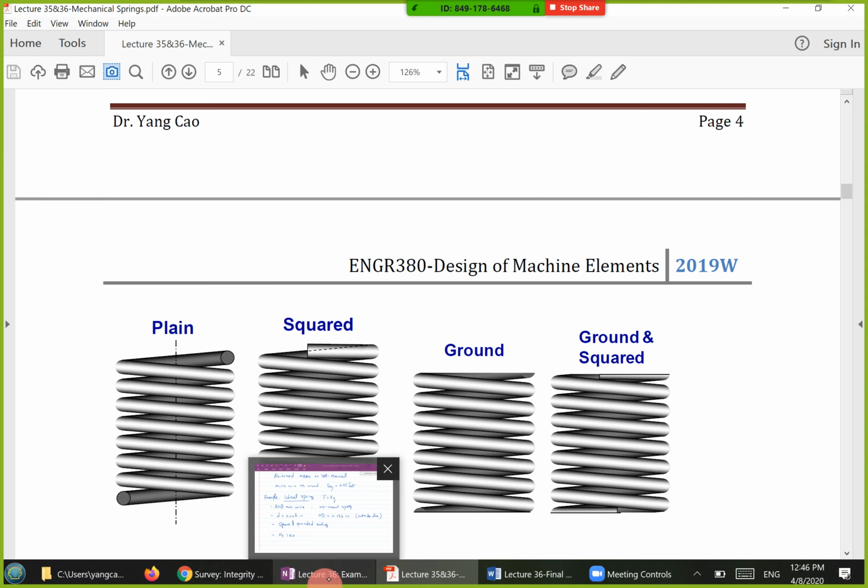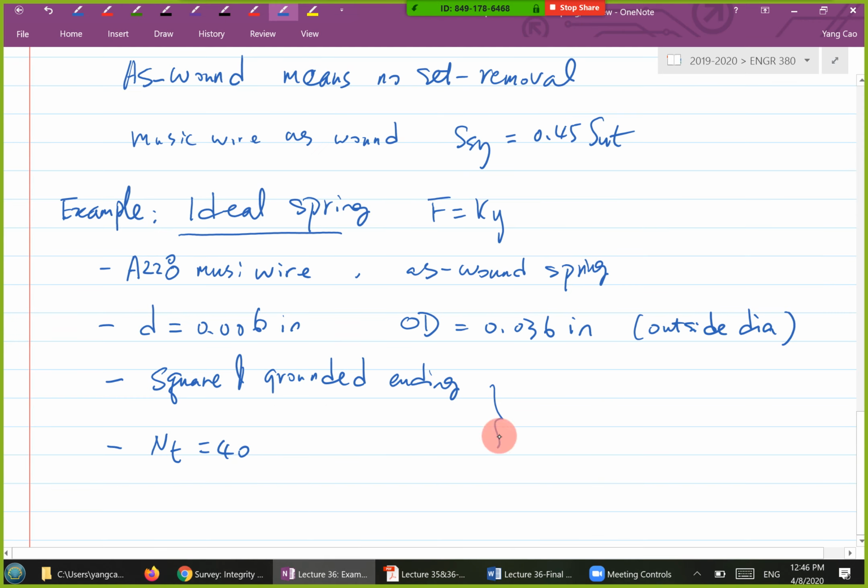All right. So just want to make sure of these two here. Make sure you exercise a little bit. Just grab any springs from your home or from a picture on the internet.